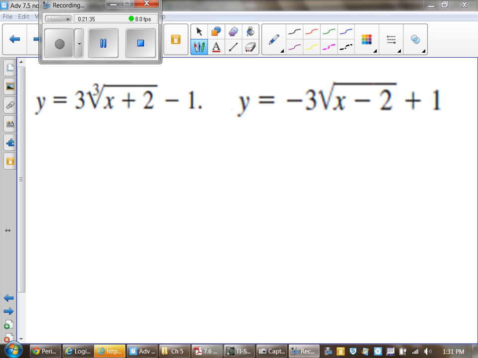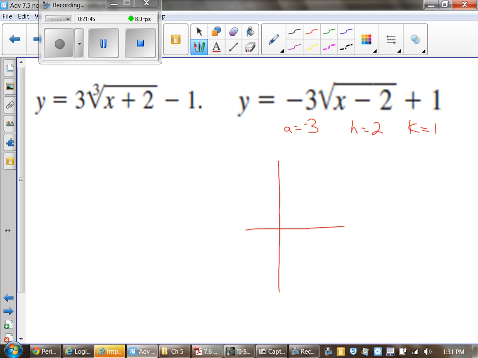So the square root one, I have an a value of -3, h is 2, and k is 1. So I start with my parent function. I have 0, 0. At 1, it's -3. At 4, it's -6.